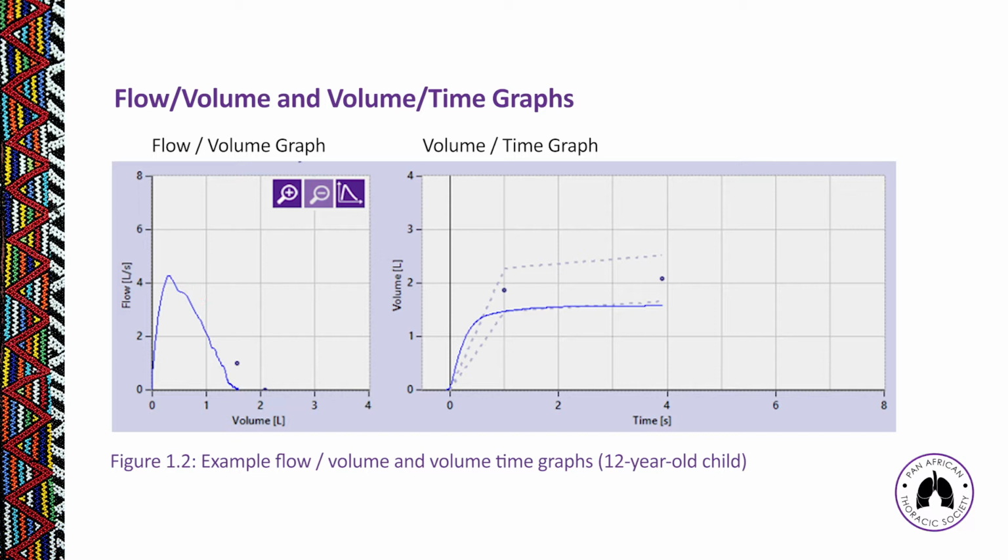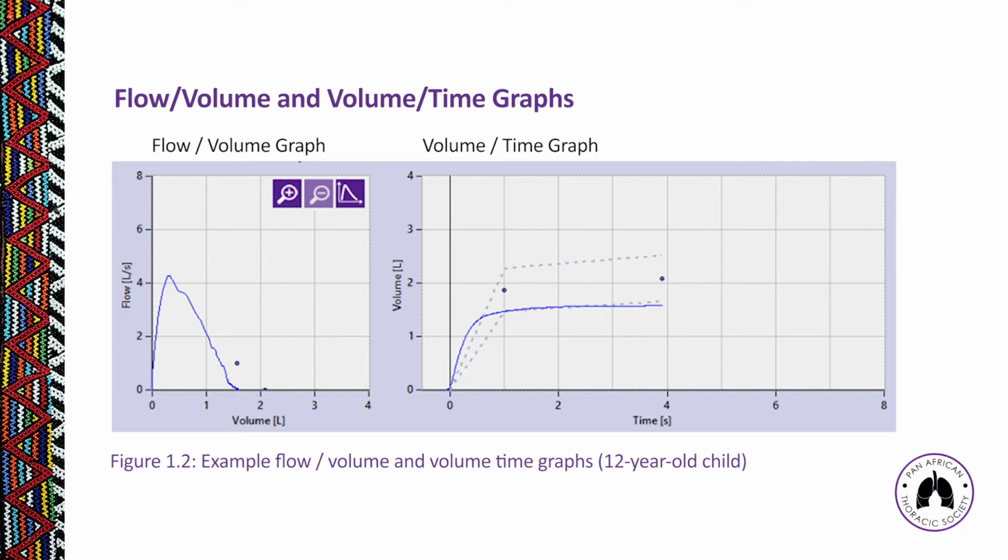If we want to look at how long this child blew out for, look at the x-axis on the volume time graph, and you can see there that this child blew out for almost 4 seconds, not quite 4 seconds. Just to reiterate, what you're seeing on these graphs is the expiratory portion of the spirometry maneuver, starting at point 0 on each of the graphs and ending on the flow volume graph where the graph comes down onto the x-axis, and on the volume time graph where the line ends at just about 4 seconds.